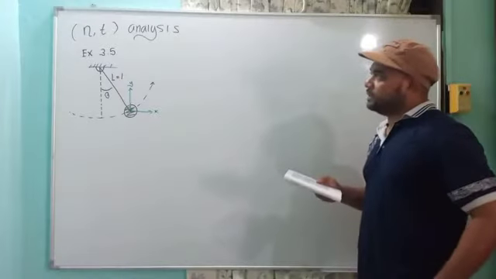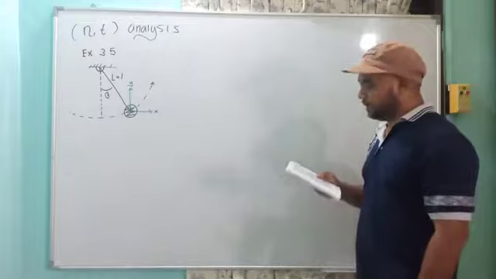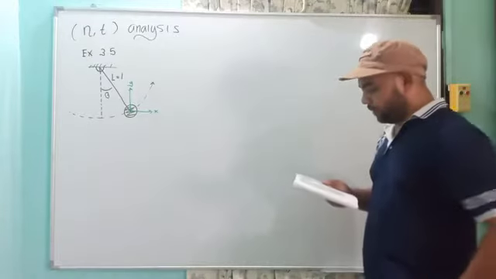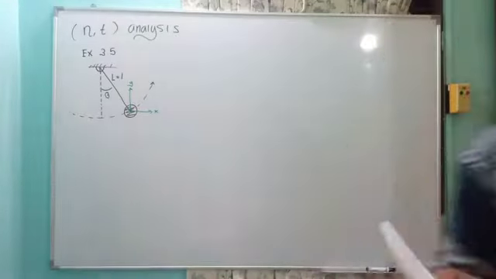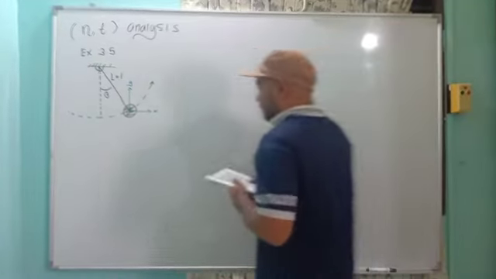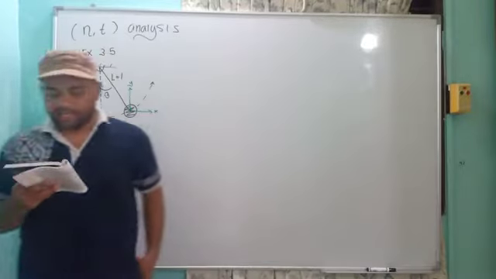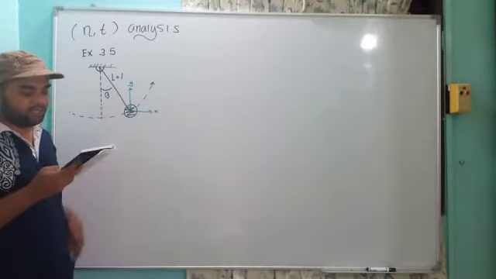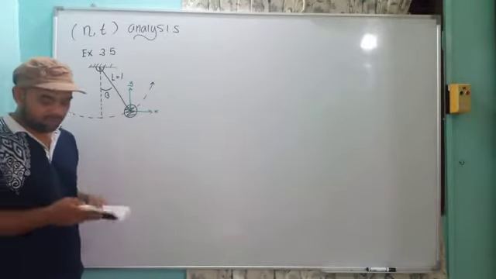Now let's look at this second example, which is exercise 3.5. Say that the pendulum A is swinging with V equal to 0.3 meter over second.